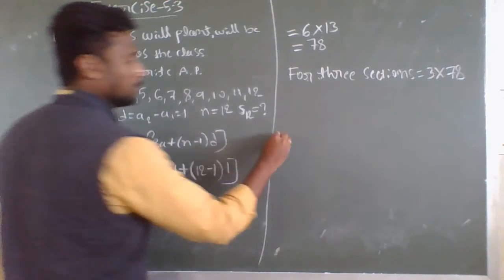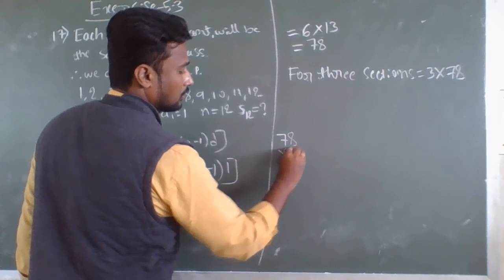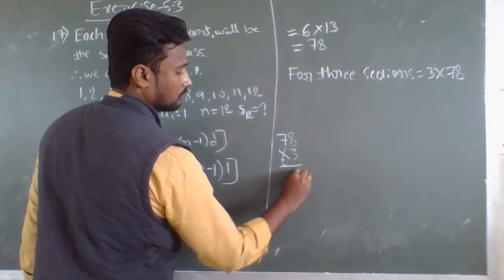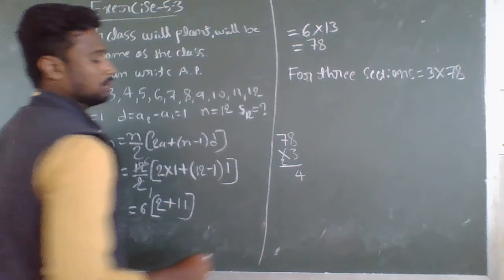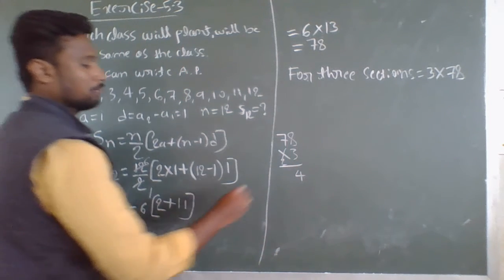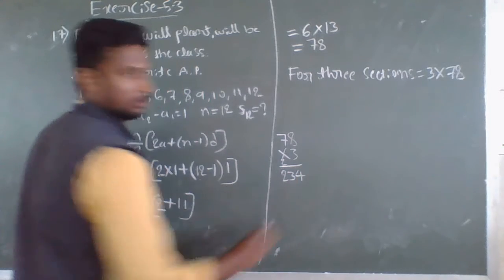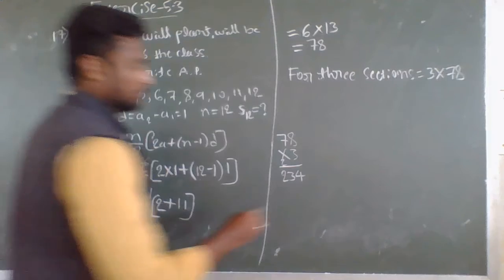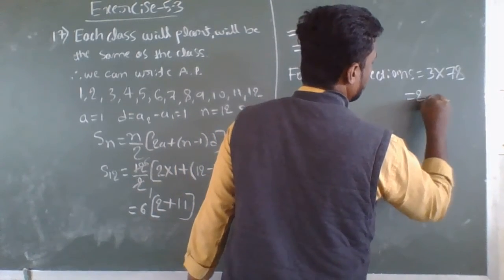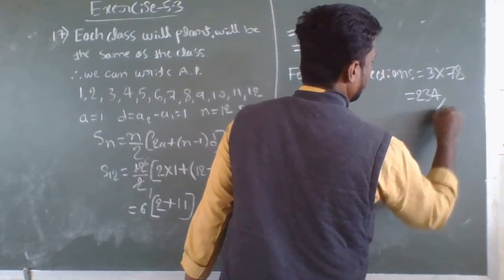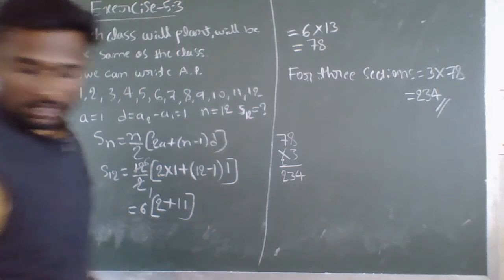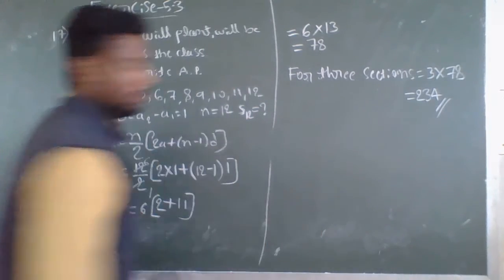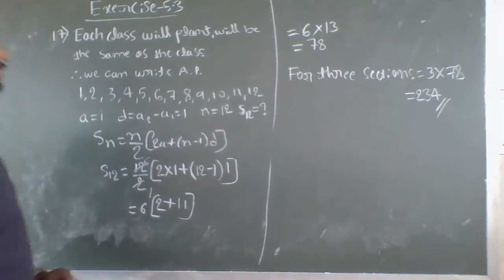What is the answer? 3 into 8 is 24. 3 into 7 is 21 plus 2, 23. Therefore 234 is the answer. 234 trees are planted by all these students, or all the classes.